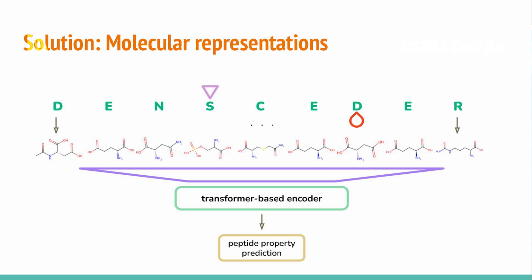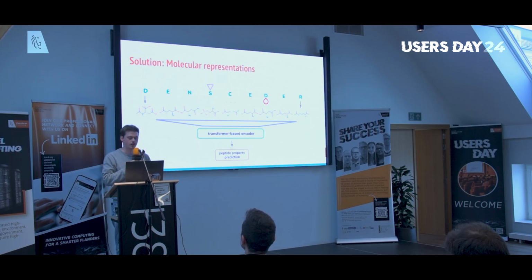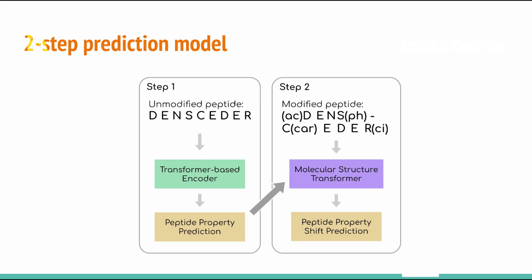And this model also has very rich input information about the amino acids and their structure, and can hopefully learn how this influences the properties we want to predict. And then the sequence of molecules can be, for example, embedded with a molecule embedder, and then a transformer model can learn the peptide property prediction.